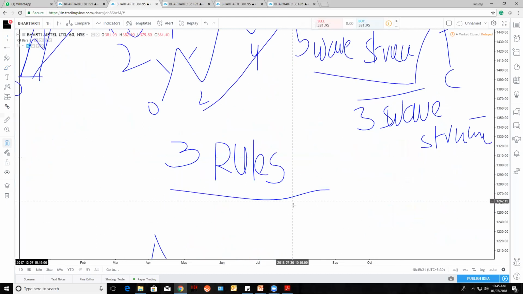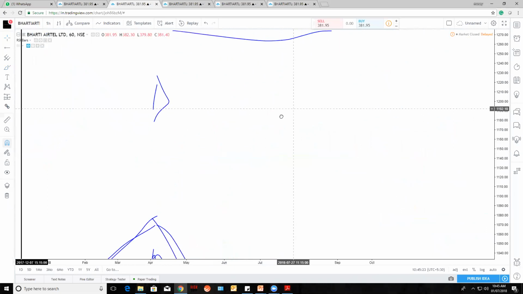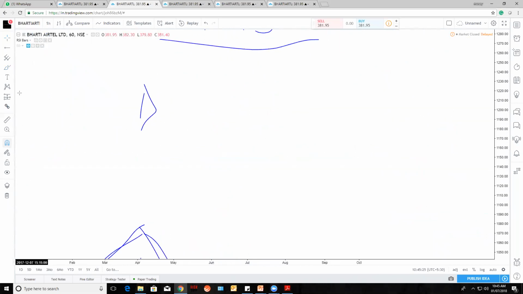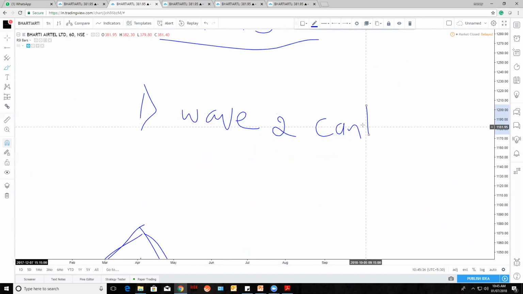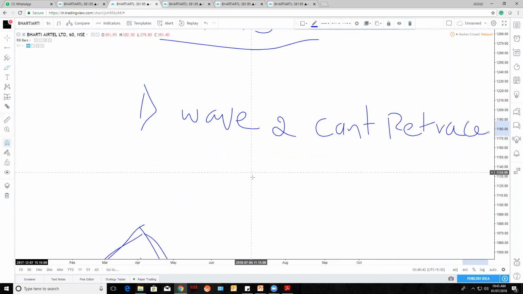What are those three rules to say that it is an impulse? First rule is that wave 2 cannot retrace more than 100% of wave 1.